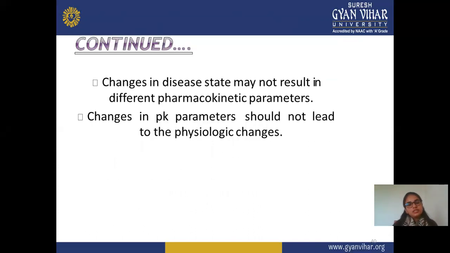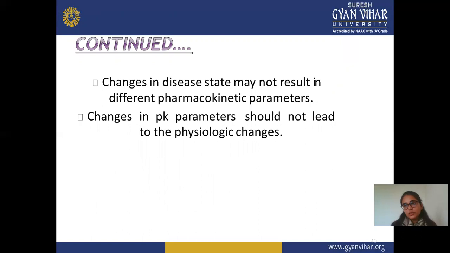A change in disease state may result in different pharmacokinetic parameters. It means that if a person is suffering from any disease, then in this condition the pharmacokinetic parameters, or you can say absorption and elimination, are not similar to those of a healthy patient.